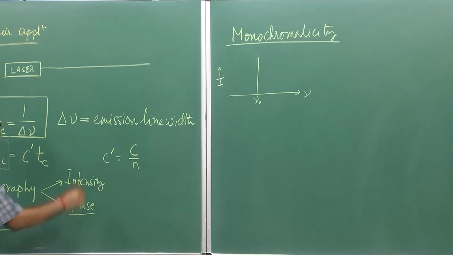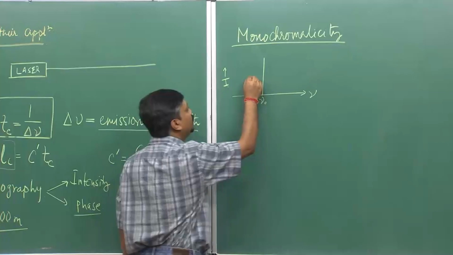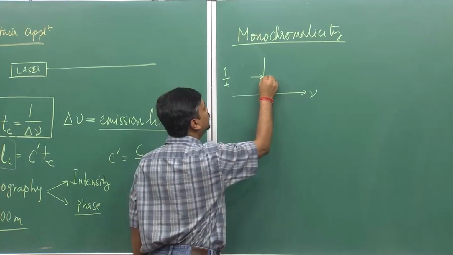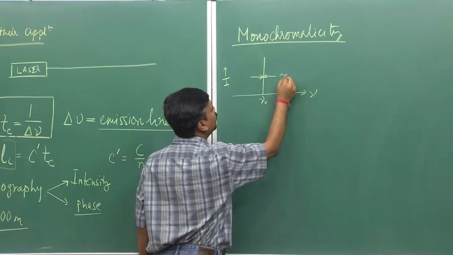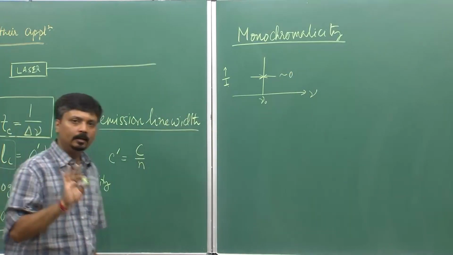Just a few minutes back we mentioned something like line width. Though it seems like this width is nearly 0, actually there is a finite line width.